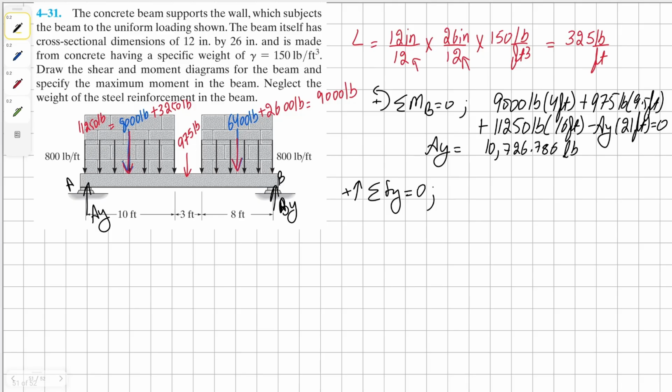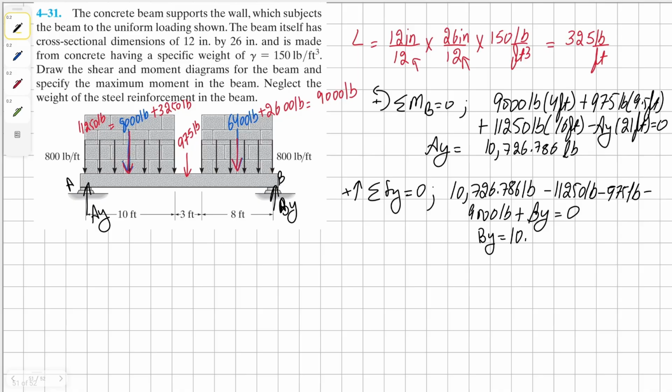So we're going to have 10,726.786 pounds, negative 11,250 pounds, negative 975 pounds, negative 9,000 pounds, finally positive BY, all equals to 0. Solving for BY, we get our solution as 10,498.214.